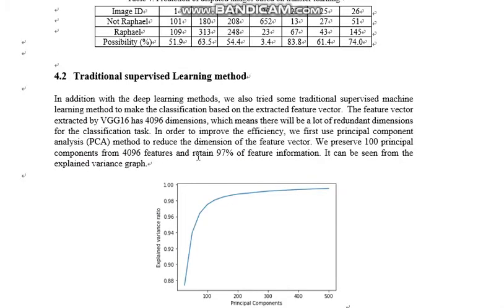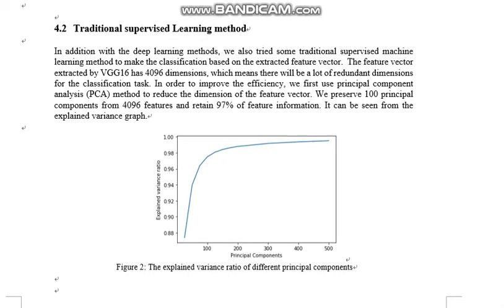Okay, let's look at the traditional supervised learning method. Since the feature vectors extracted by VGG16 have 496 dimensions, we first reduce the dimension of these feature vectors, so it can improve the efficiency of the classification task.